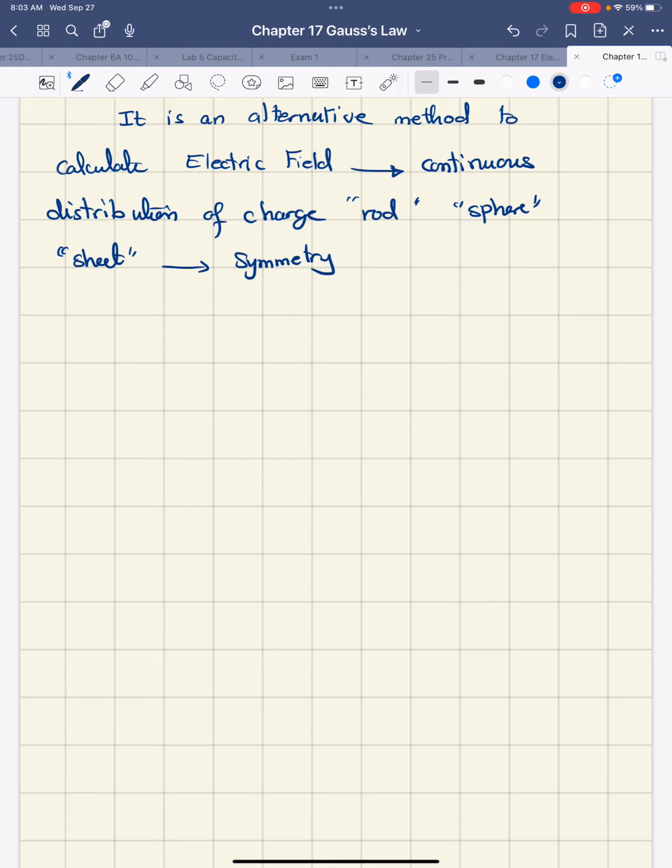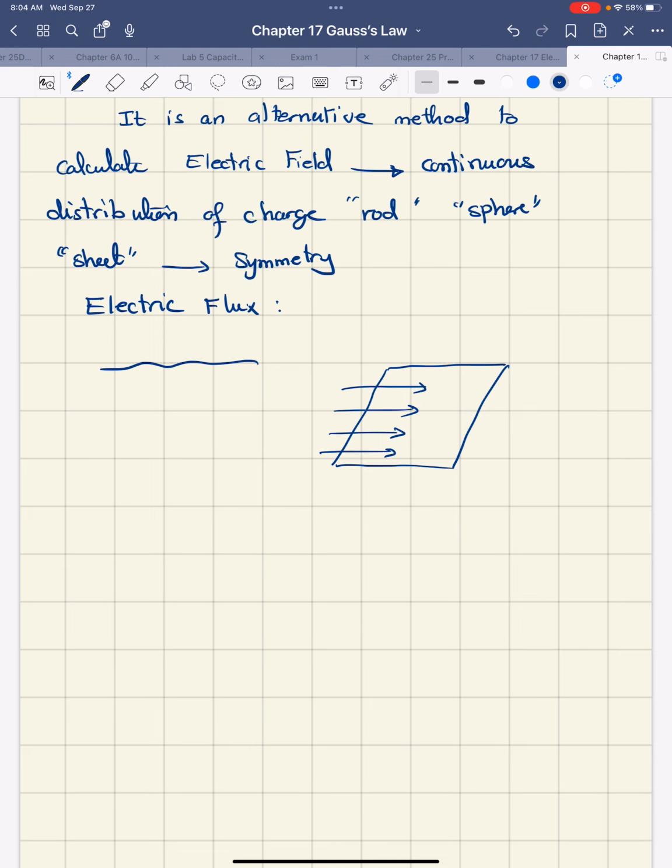Now, before we start with this, we need to define something called electric flux, because this is part of the formula. The electric flux, like any field, is going to have a surface, as if I am looking at how many lines of the field are going through that surface.